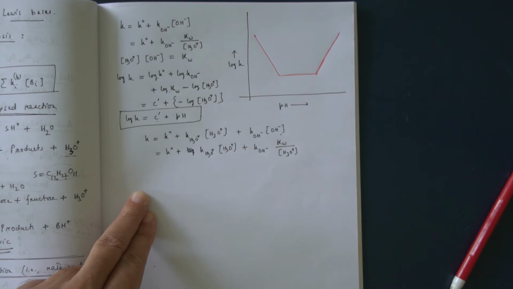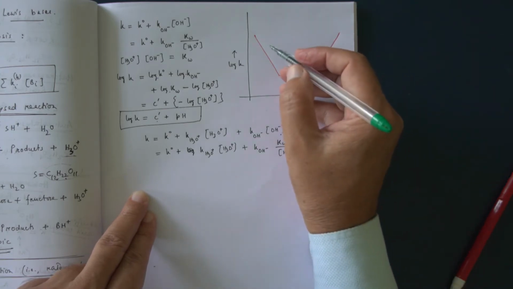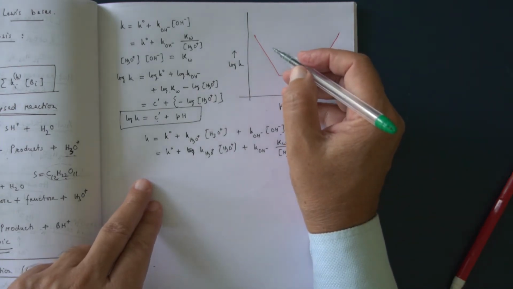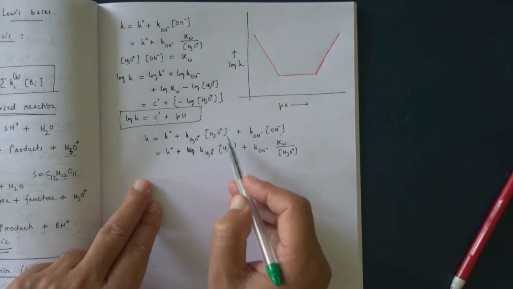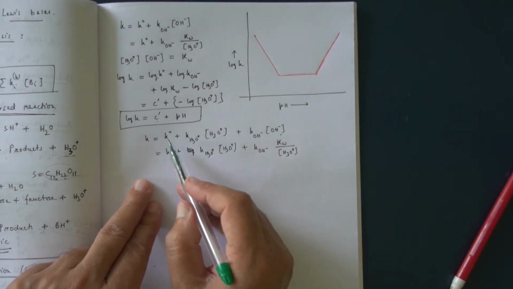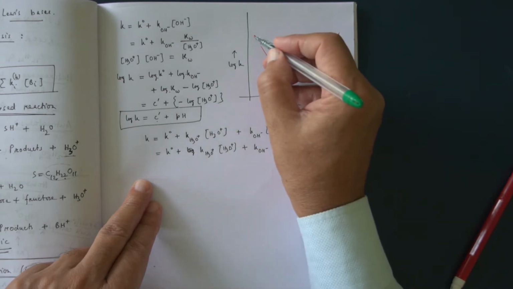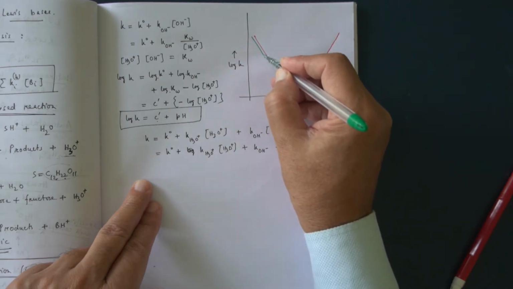Now, as we have discussed, if the reaction is catalyzed by only hydronium ion and there is no uncatalyzed reaction, then the graph will be like this.